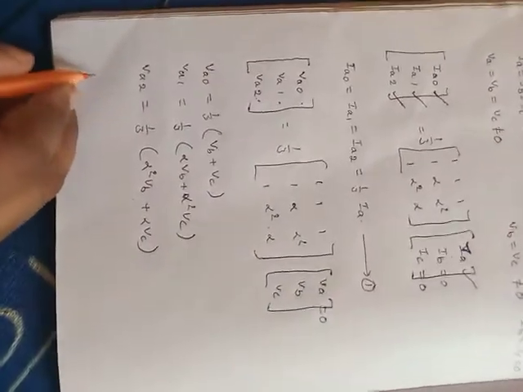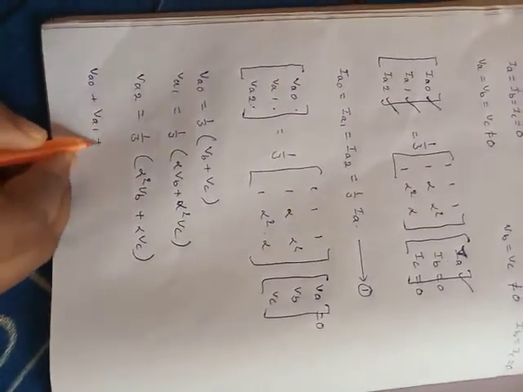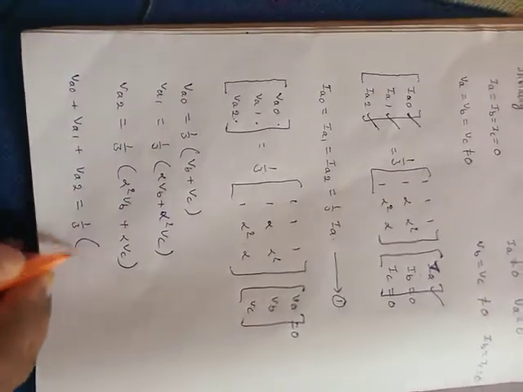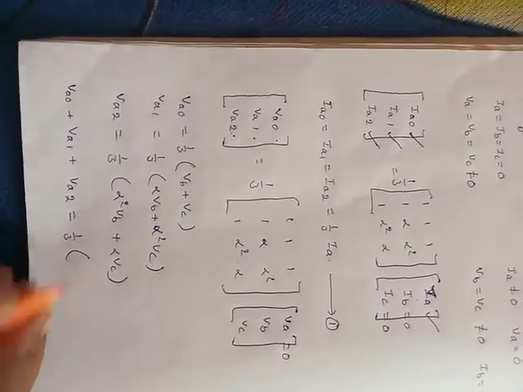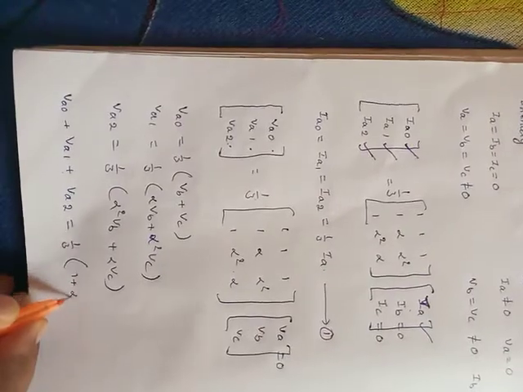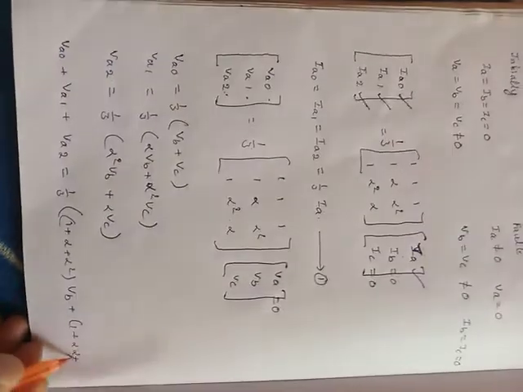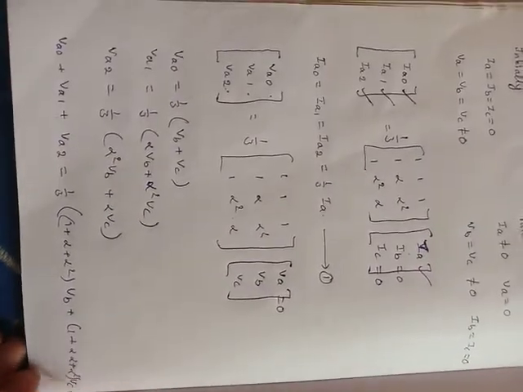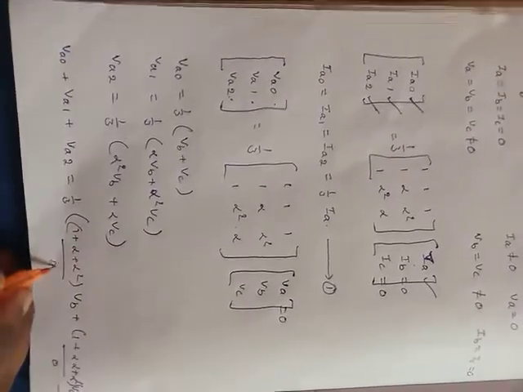Let us add all three voltages, Va0 plus Va1 plus Va2 equal to 1 by 3. I am combining same terms by taking common 1 plus alpha square for Vb plus 1 plus alpha square for Vc. We know that this is equal to 0, this is equal to 0.